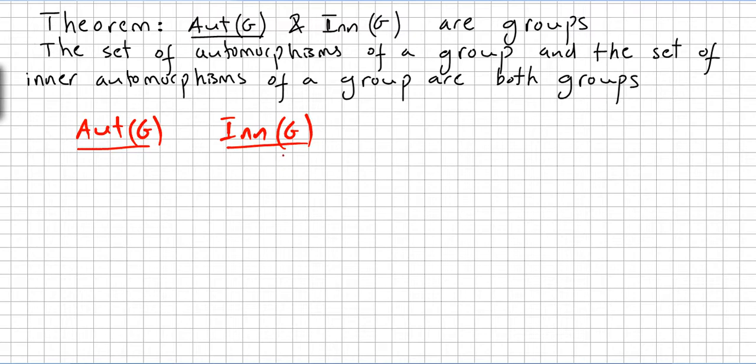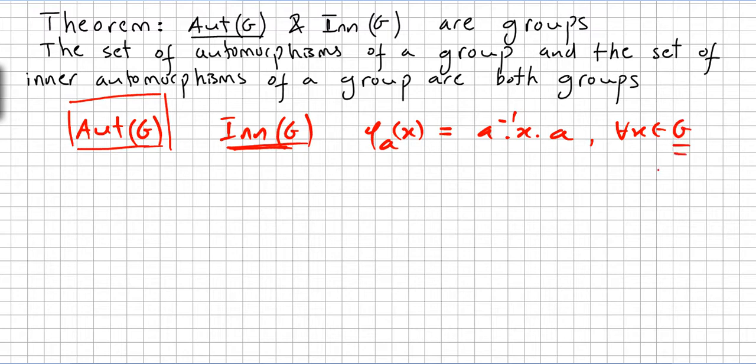The automorphisms might be a complicated thing. The inner automorphisms of G is really easy. Let me just remind you that the inner automorphism of G is phi A of x, equal to A inverse times x times A, for all x in G, and G is a group.